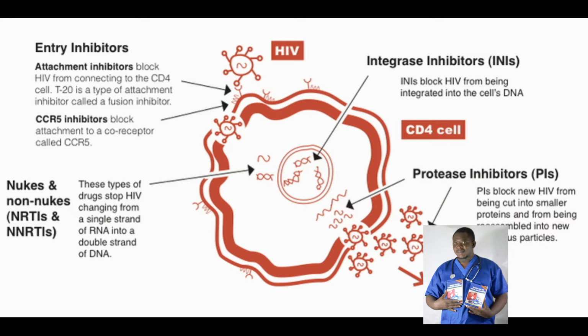So after the transcription of genomic material of the HIV has taken place in stage 4, they will assemble, and an HIV enzyme called protease cuts the long chains of HIV proteins into smaller individual proteins.